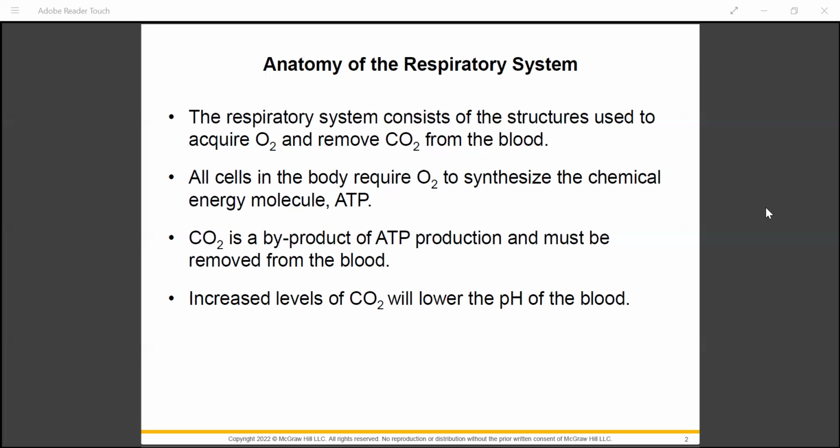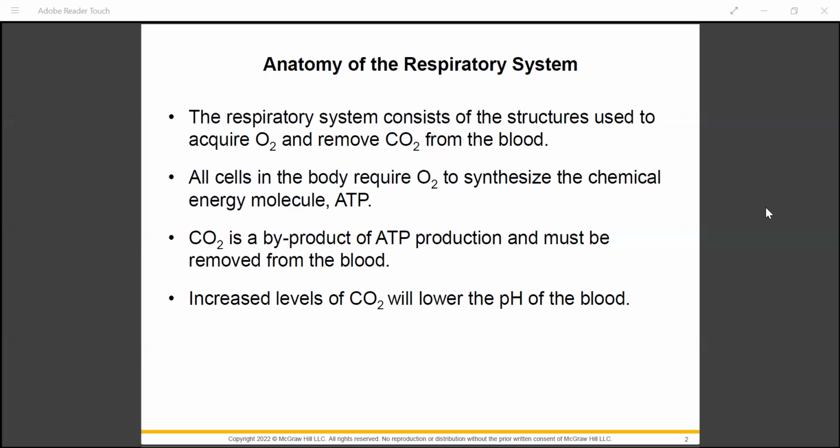So O2, or oxygen, is an ingredient on the left half of the reaction, and carbon dioxide is a waste on the right half. Cells use oxygen to make ATP, and then carbon dioxide needs to be removed from those cells in the blood, and we get rid of that back into the environment.